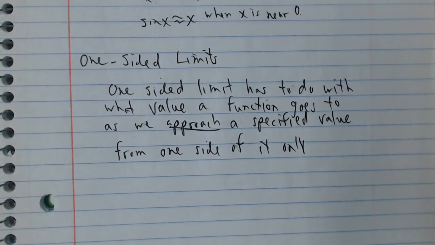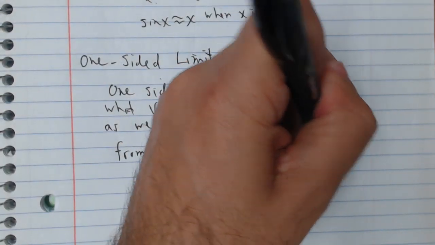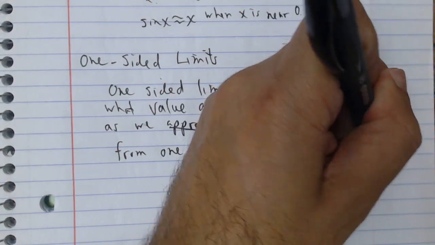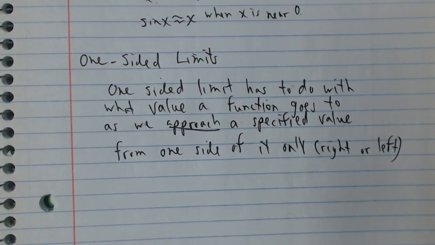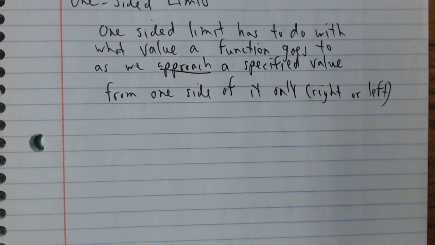So now we're being more specific. It's basically either from the right side or the left. Okay, and so the notation of this will slightly change. Okay, so here's what the definition is basically saying.